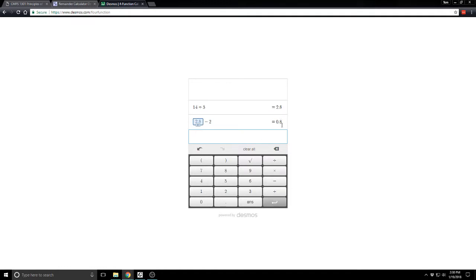And then take that number you get and times it back by the number that you divided by. So that would be times 5. And that will come out to be the remainder. So we can see we have 4 here. So do regular division, chop off the whole number part, and then times it back by that number. That will always give you the remainder, at least for positive numbers, which is all we're really going to worry about on the test.